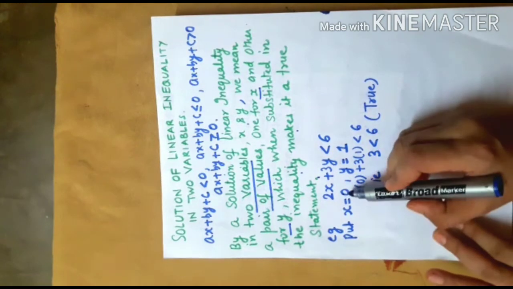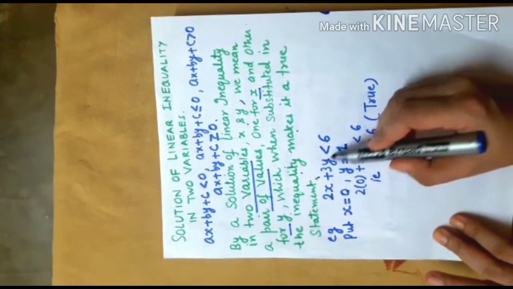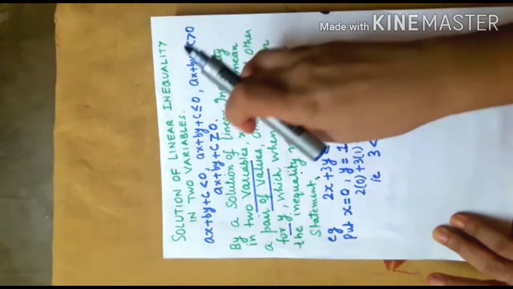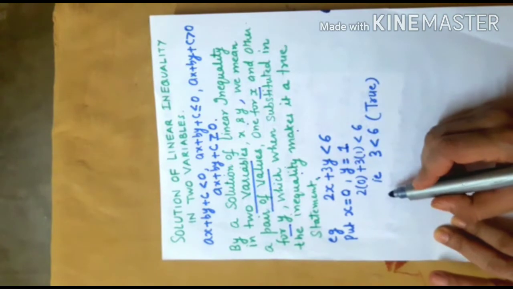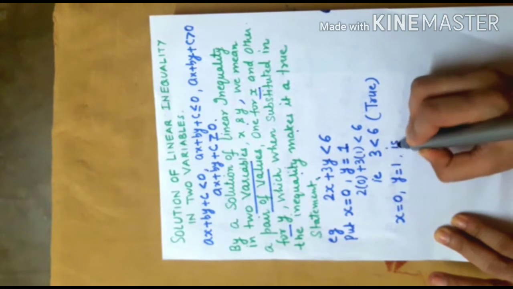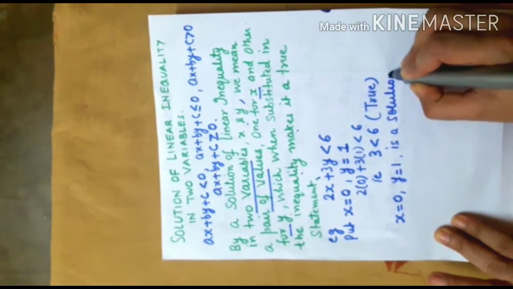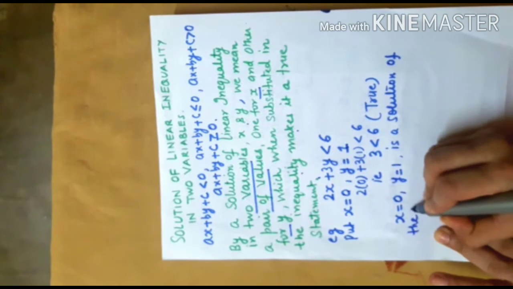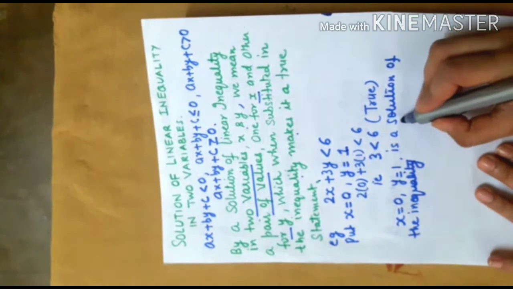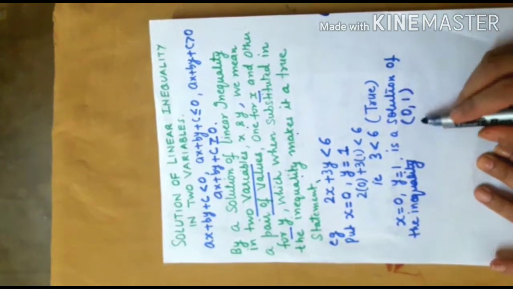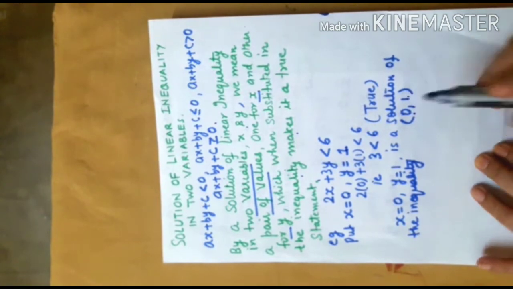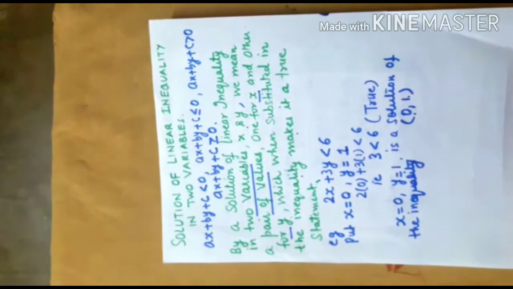So, when I put x equal to 0 and y equal to 1, I get a true statement. Therefore, by this definition, I conclude that x equal to 0, y equal to 1 is a solution of the inequality, which is written as the ordered pair 0, 1. That means x is 0, y equal to 1 is a solution of this inequality.